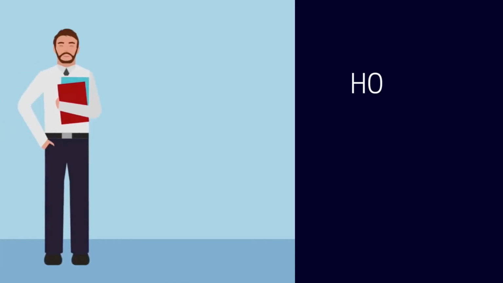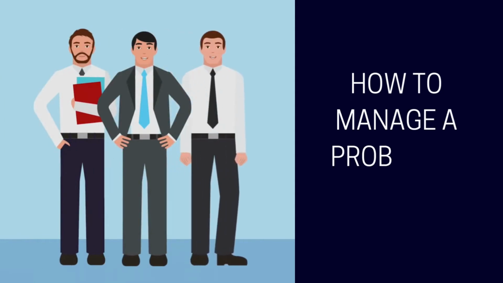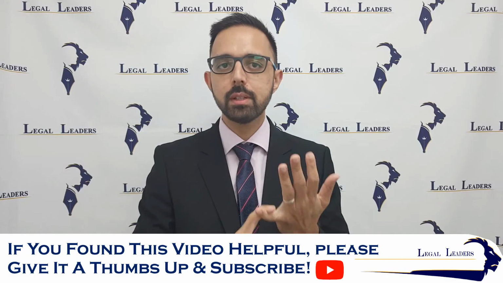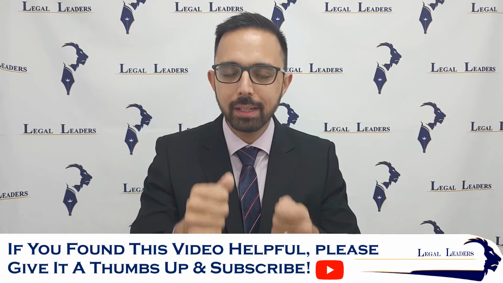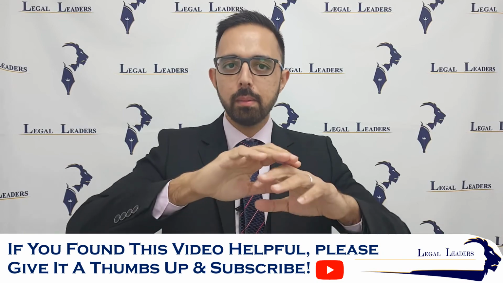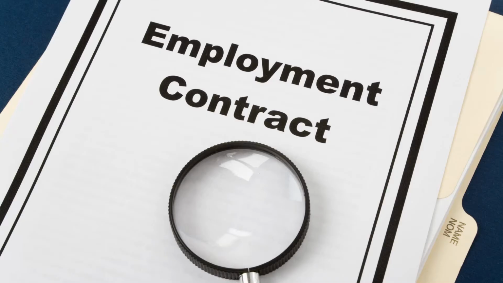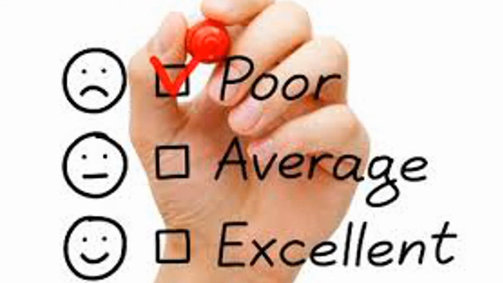Now, how should you manage the probation period? How should you manage an employee who's under probation? Managers and supervisors must actively take part and manage employees during the probationary period. They must look at the employment contract and address performance issues immediately.